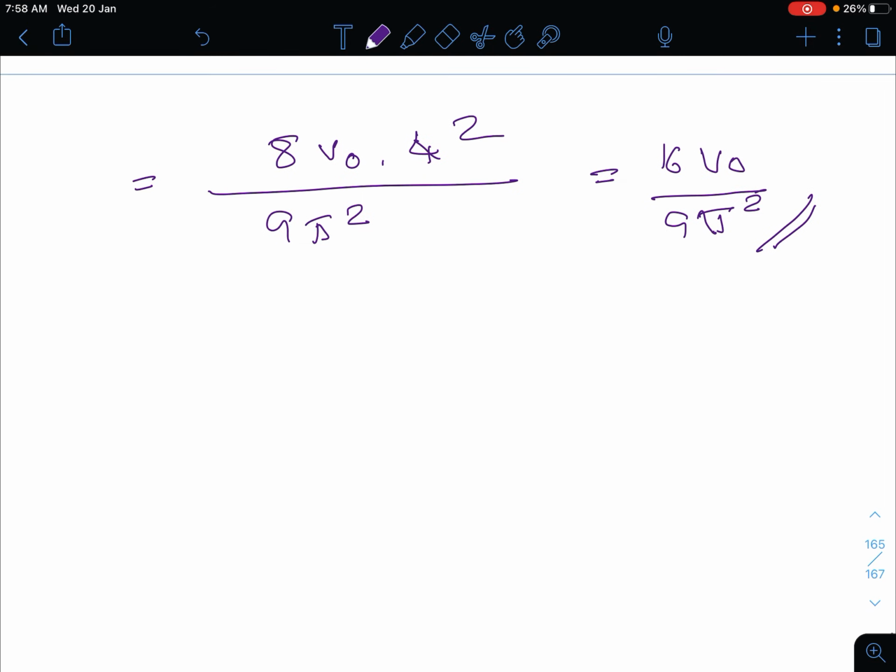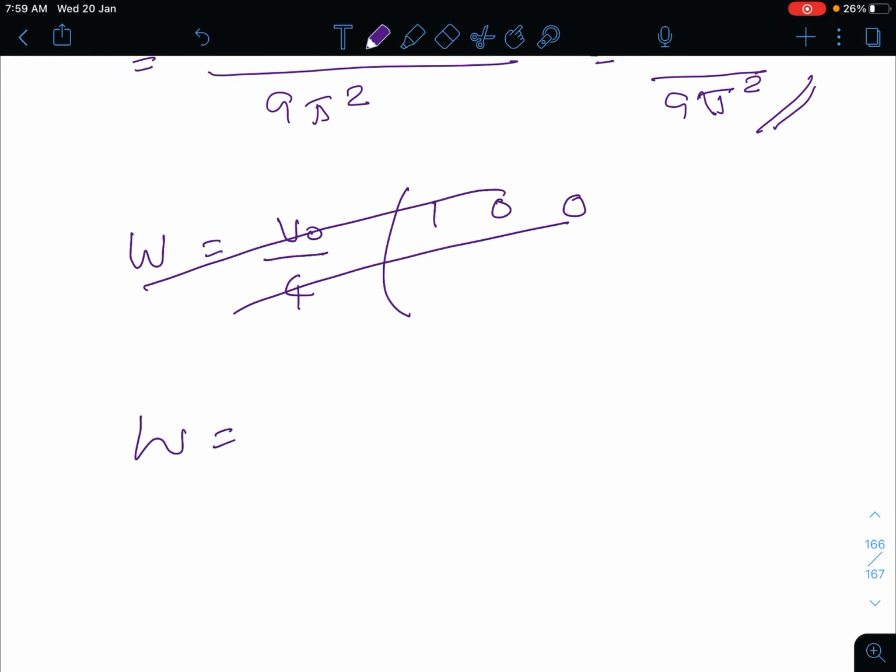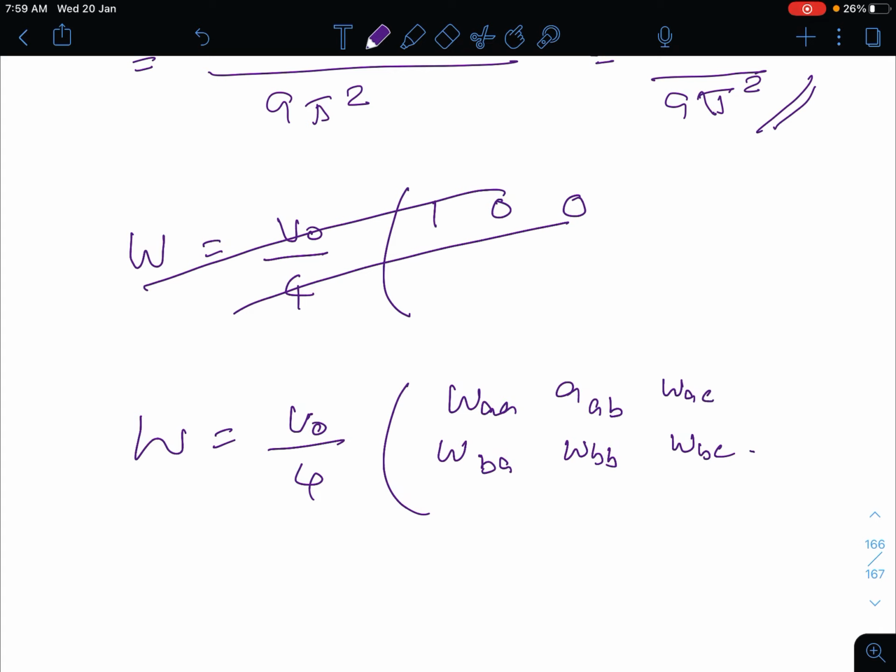So our W matrix would be v0 by 4 times the matrix WAA, WAB, WAC; WBA, WBB, WBC; WCA, WCB, WCC.